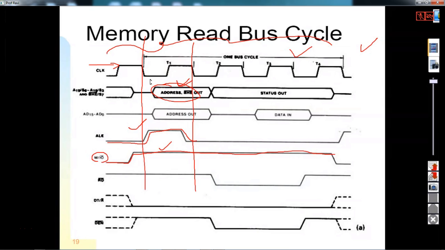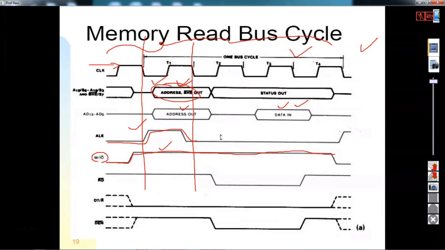During the first clock period, the processor releases the address from where it has to fetch a byte. Then after T1, the data will be in a high impedance state, but data is available during the T3 and T4 states. So you have to draw this: ALE, and M/IO bar should be high since you are doing a memory read operation.